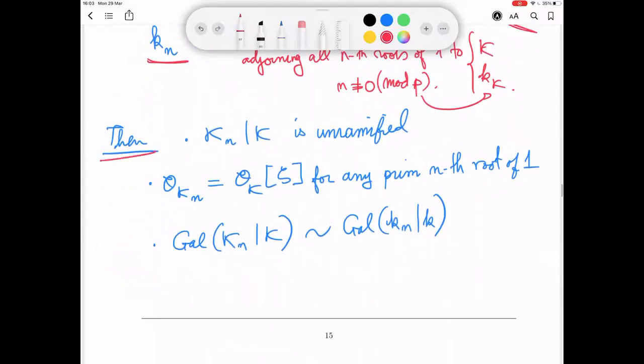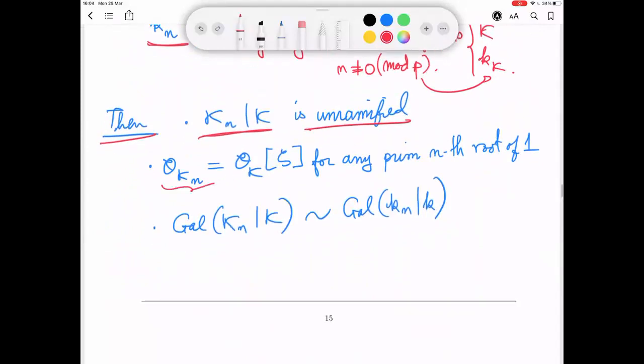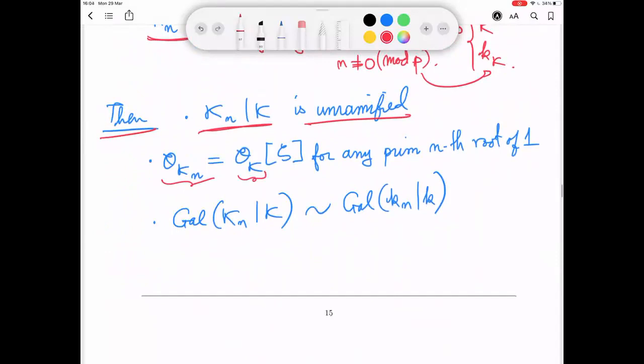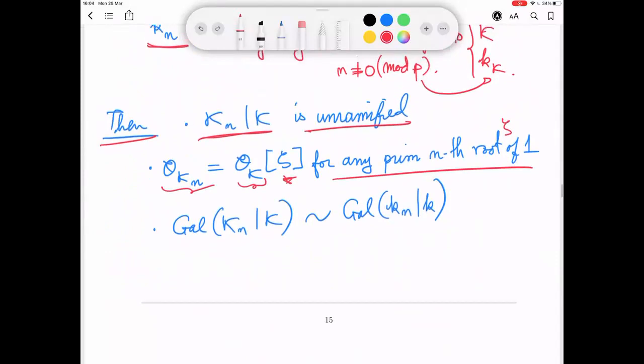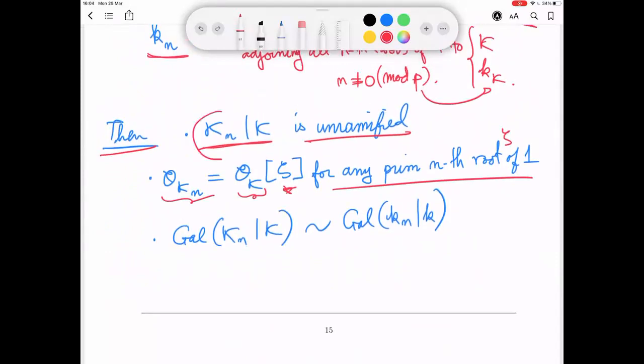So the assertion is that this K_n is an unramified extension of K. The ring of integers of K_n is obtained from the ring of integers of K by adjoining zeta, a primitive nth root. Take any primitive nth root zeta. Of course, it's contained in K_n, because K_n is obtained by adjoining all nth roots. So it's enough to adjoin primitive ones, and it's enough to adjoin one primitive nth root.